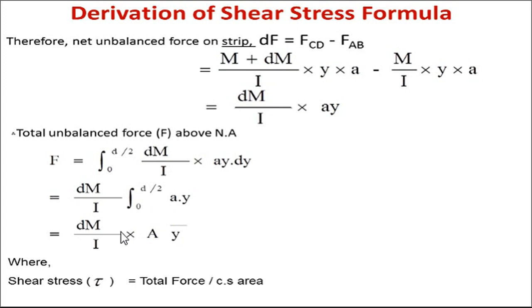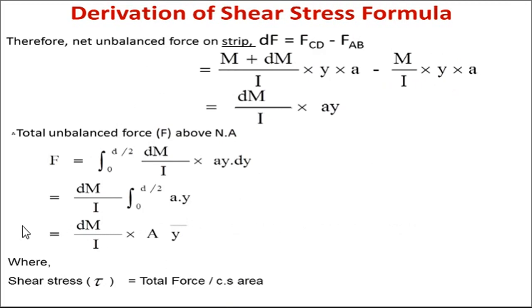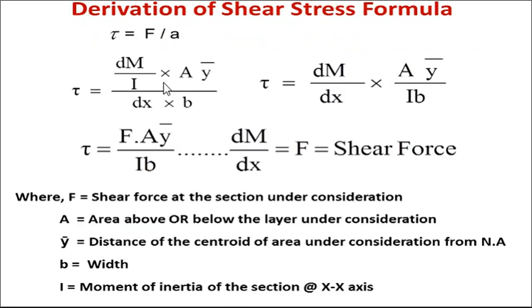You know that shear stress tau is equal to total force divided by cross-sectional area, tau equal to F upon A. F is nothing but this particular magnitude. The area of that cross section is width b into dx.